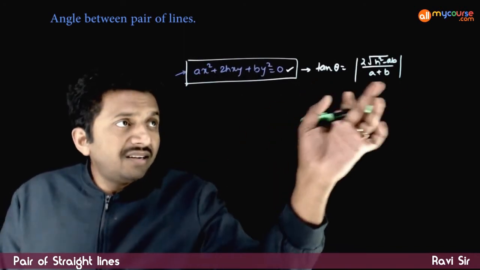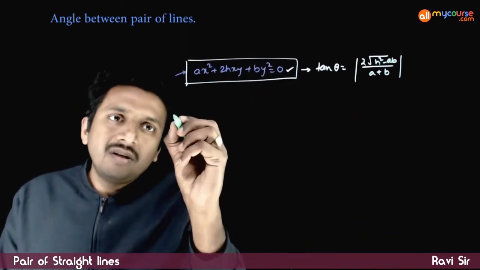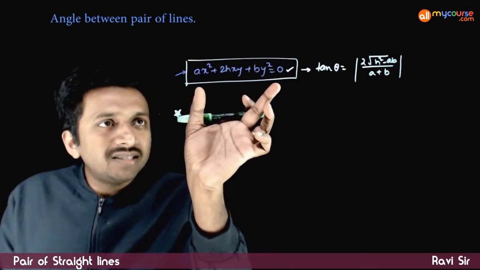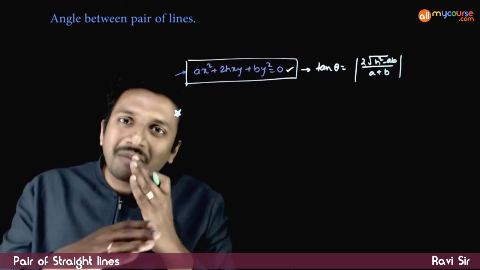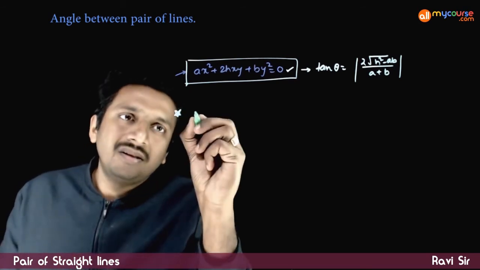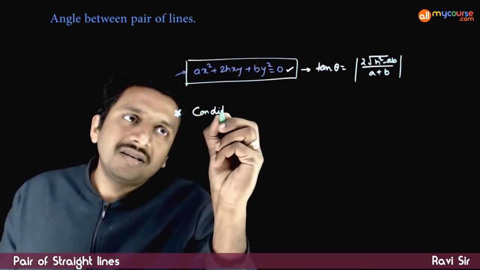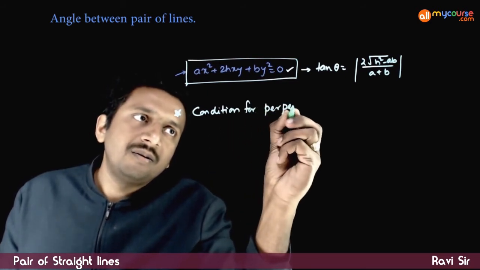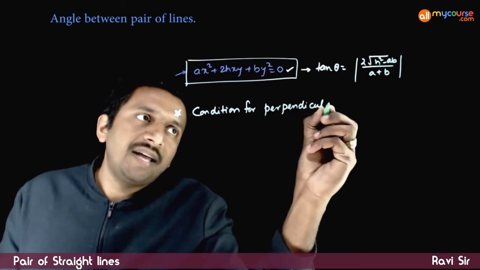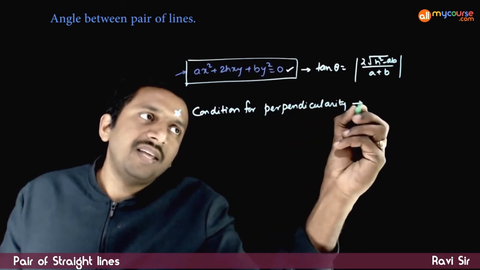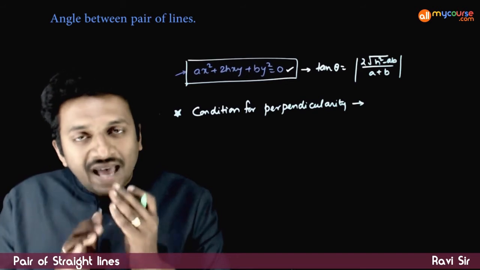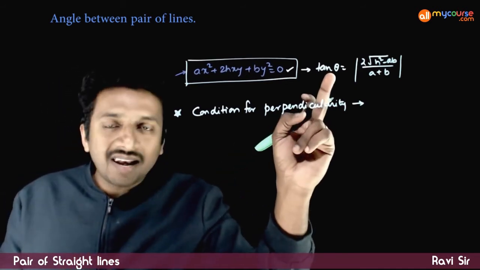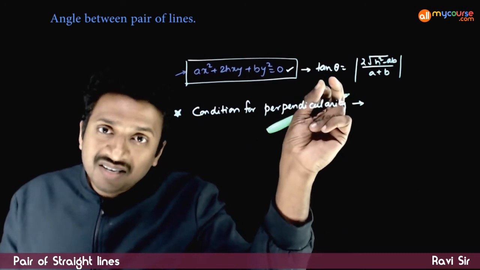So if tan theta is equal to this expression, what is the condition that the two lines making this pair of lines are perpendicular to each other? The condition for perpendicularity: if the angle between the two lines is 90 degrees, then tan 90 degrees is undefined.